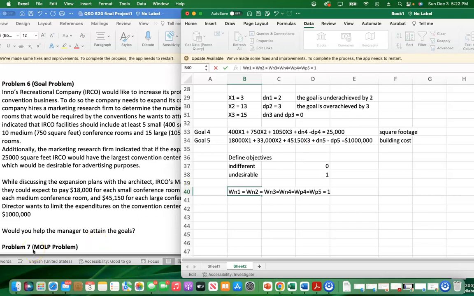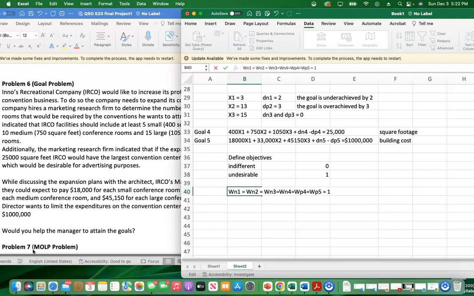Now the question is, how many weights should we provide to the undesirable outcome? In fact, there is no standard procedure to assign weight, but the company may decide by itself how much weight they should provide to a particular outcome.